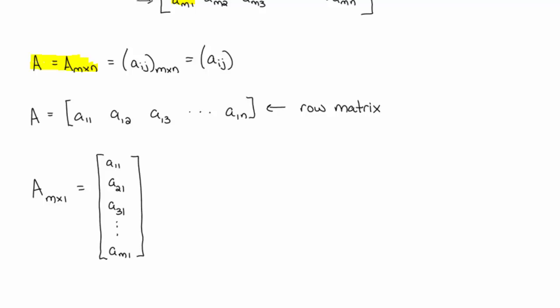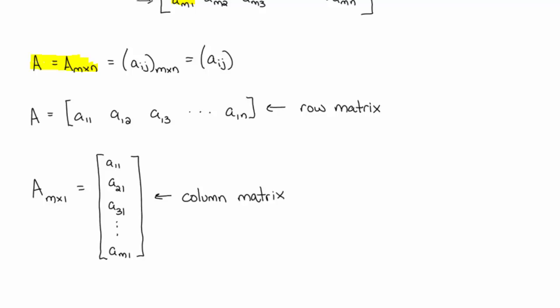That would be called a column matrix. Again, I think that this is much more useful in a field like linear algebra. Column matrices are much more useful there, in vector spaces as well.